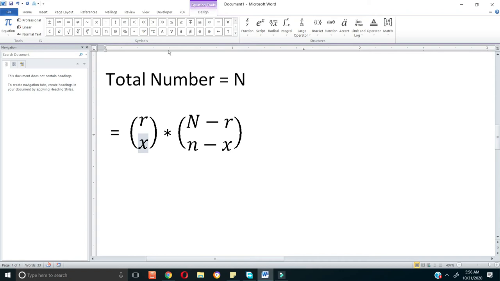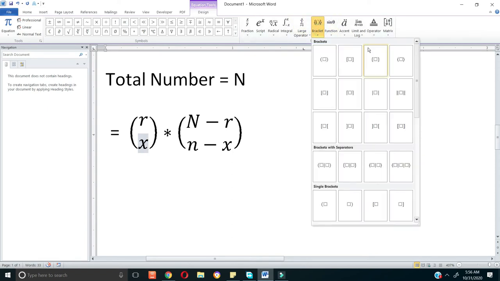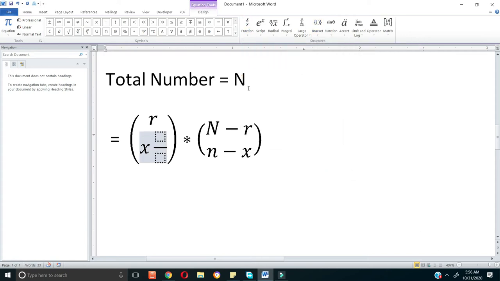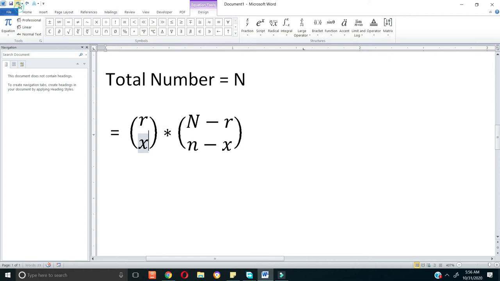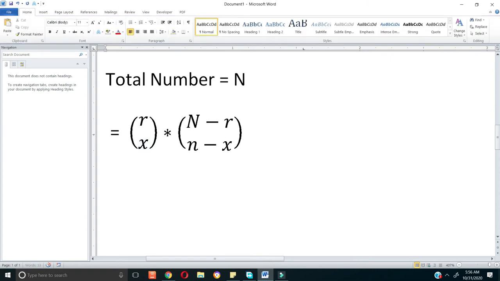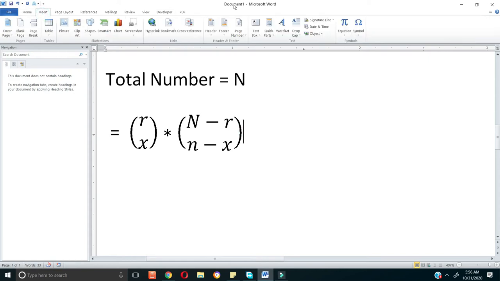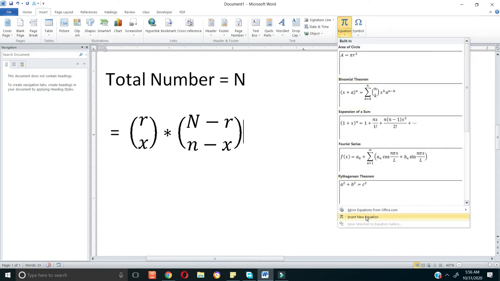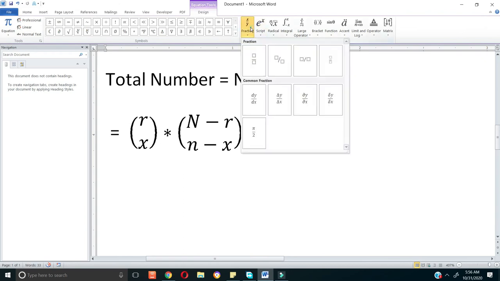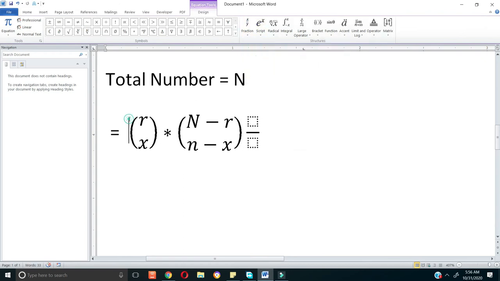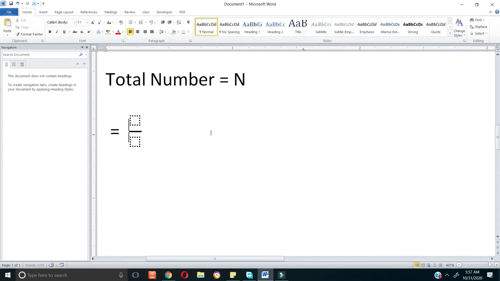So how do you express this as a probability? This is quite simple. We just need to compute the total. We need an equation, a fraction. So this whole thing is going to be the numerator.